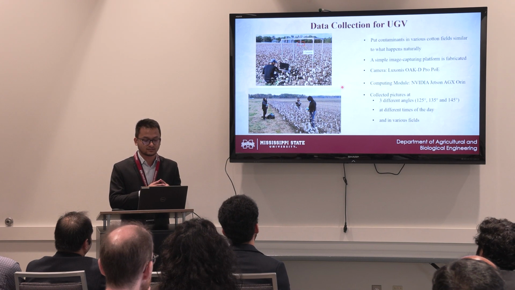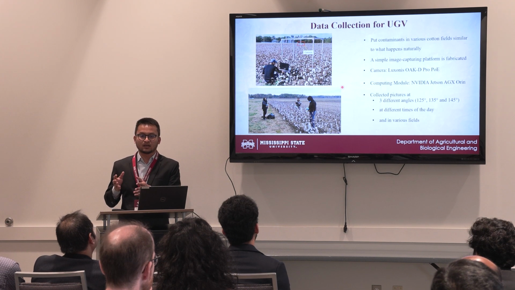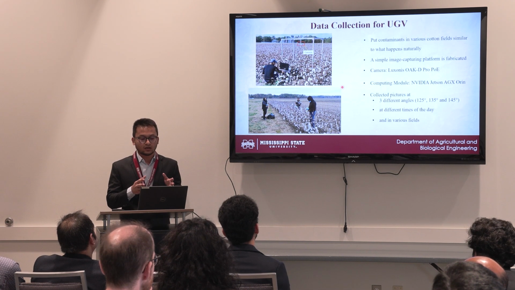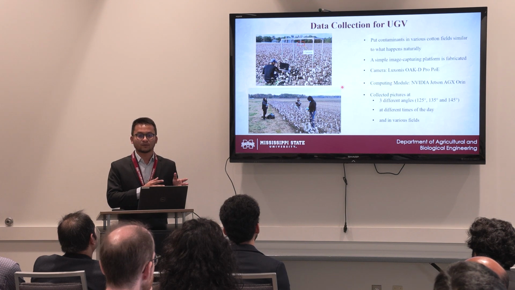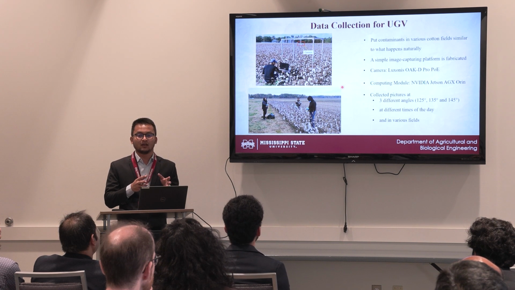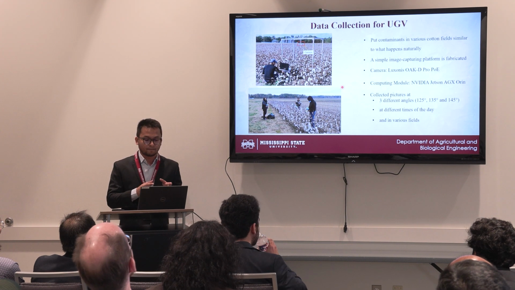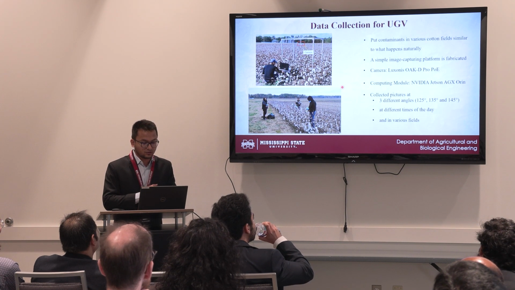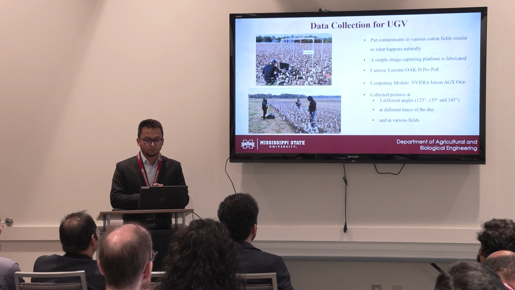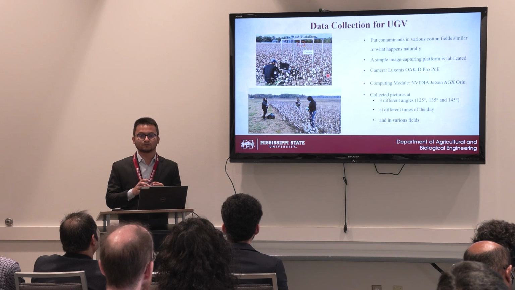We are working on our autonomous vehicle, the Amiga, but for that we created a prototype of the system. That's a mobile platform, and we recreated the system we saw in the field, the plastic contaminants, and using the mobile platform we built, we captured images of those plastic contaminants.